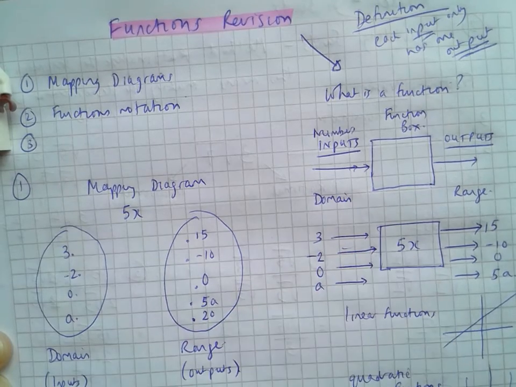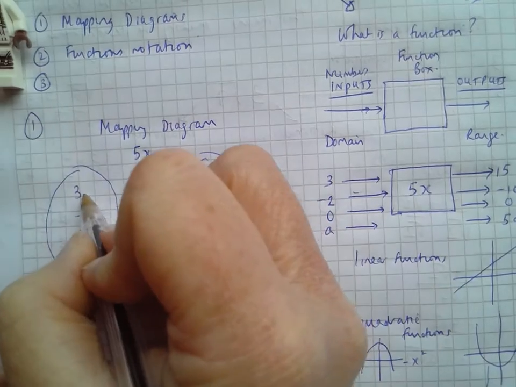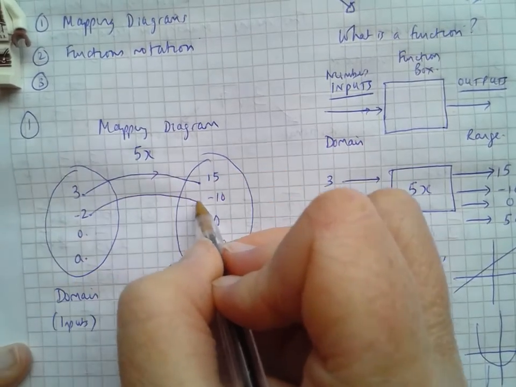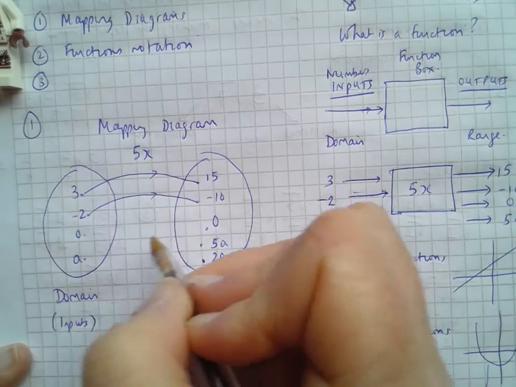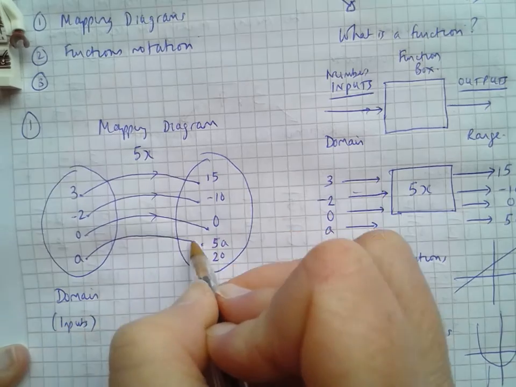My mapping diagram would have me drawing 3 to 15 with an arrow, minus 2 to minus 10, because 5 times minus 2 is minus 10, 5 times 0 is 0, 5 times a is 5a.